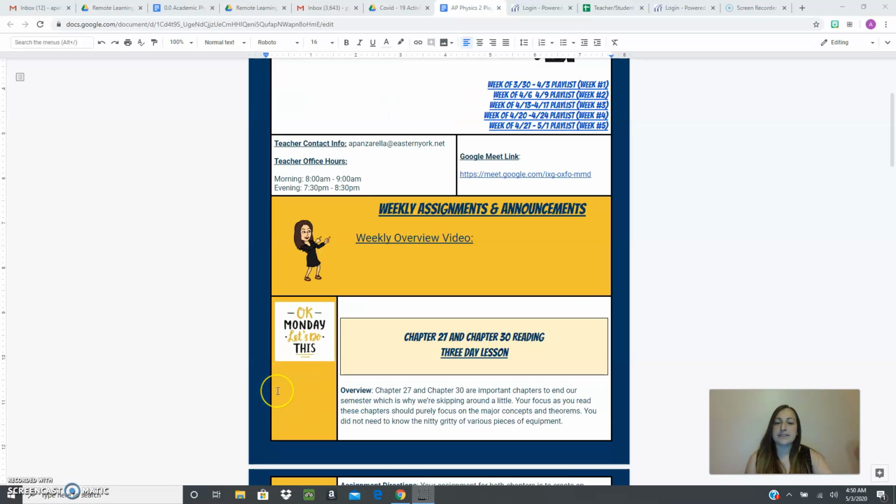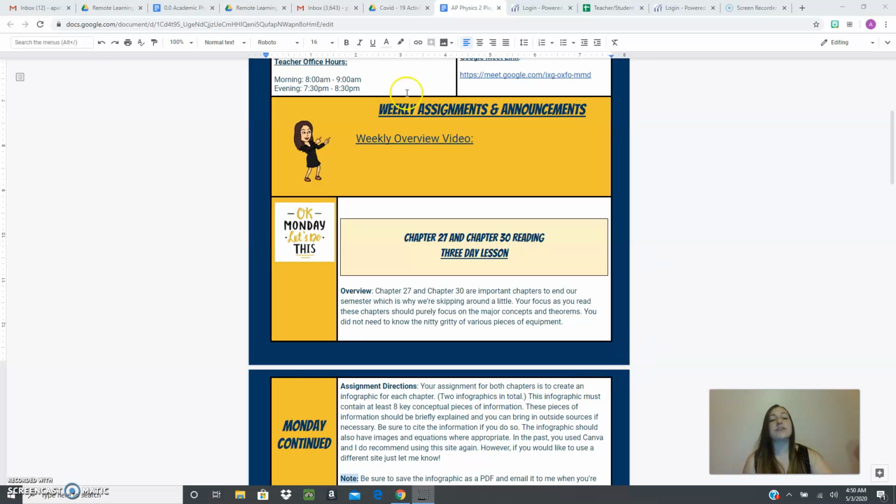So what you're going to notice this week is that it does start very similar to how magnetism did. This is a 3-day lesson where you're going to look at chapter 27 and chapter 30. You will notice that we are skipping around a little bit, but these are the two chapters that are most important for the AP exam. Chapter 27 is the real modern unit, where you're going to look at energy on a different scale.